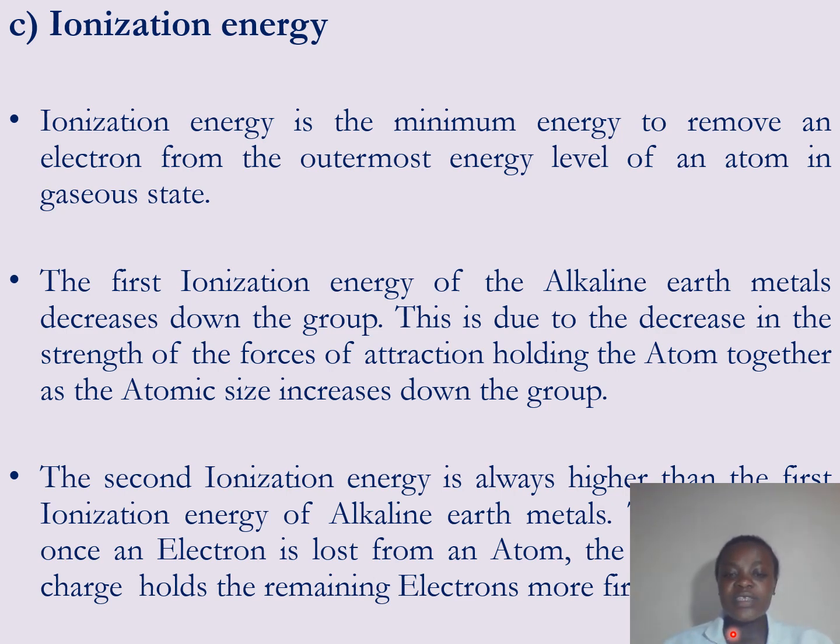So it holds the remaining electrons more firmly than when the first electron was not removed. So the second ionization energy is higher because once an electron is lost from an atom, the overall positive charge holds the remaining electrons more firmly.